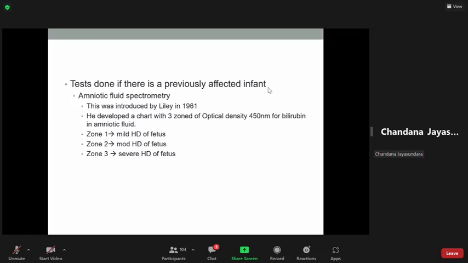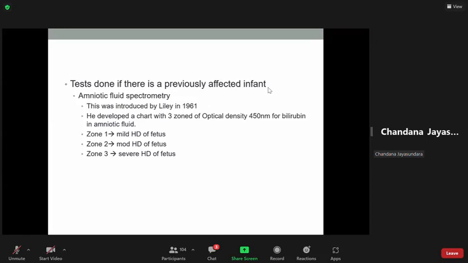And we have a graph which has 3 zones: zone 1, zone 2, and zone 3. If the baby's 450 optical density bilirubin level is in zone 1, we call it only mild hemolytic disease. Zone 2 is moderate. Zone 3 is severe. Now, according to these zones, we have to treat.